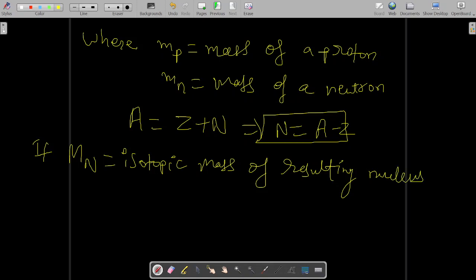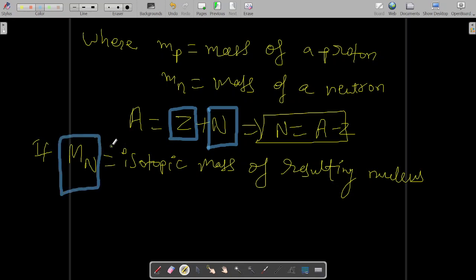So capital Mn is your isotopic mass of the resulting nucleus. Now what is the resulting nucleus? The resulting nucleus is the one which is being formed out of Z protons and N neutrons. So suppose Mn is its isotopic mass, the isotopic mass of this resulting nucleus.